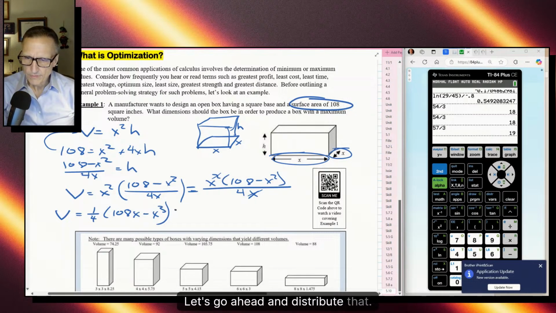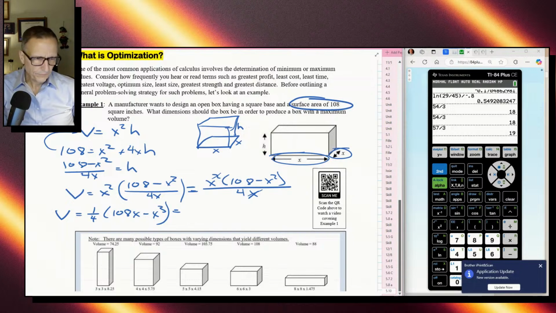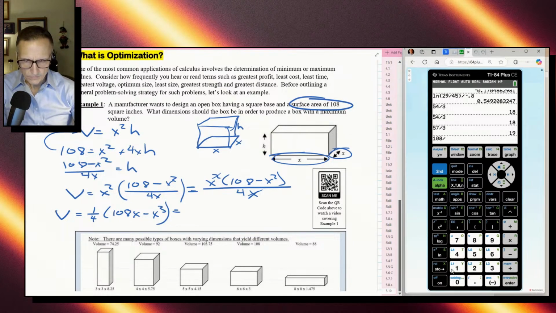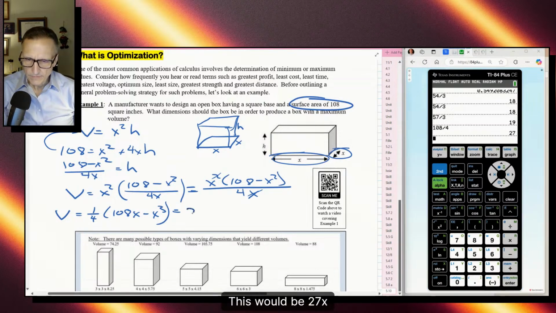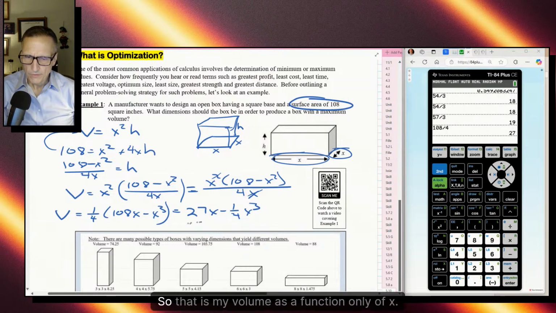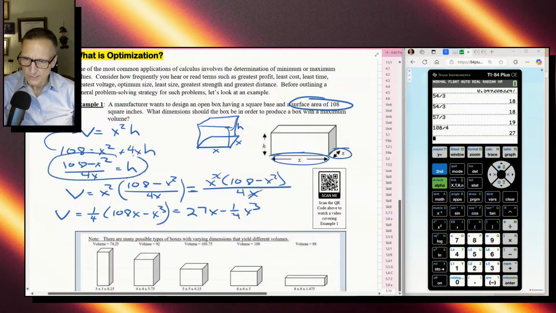Right, let's go ahead and distribute that. This would be 27x minus 1/4 x to the third. So that is my volume as a function only of x because we applied this constraint to our formula.